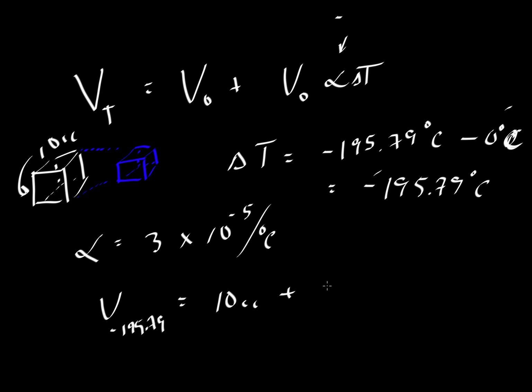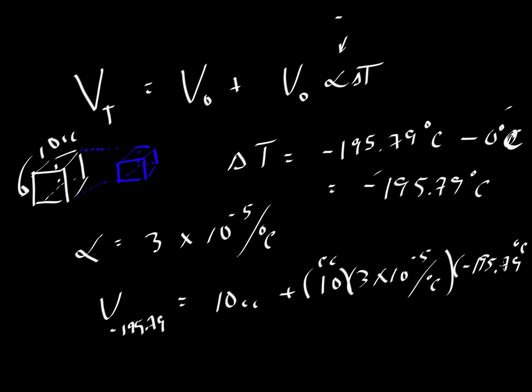That correction is going to be 10 multiplied by 3 times 10 to the minus 5. This is in units of cubic centimeters. This is per degree centigrade, and then multiplied by minus 195.79 degrees centigrade. Running out of room here. So the degrees centigrade will cancel.